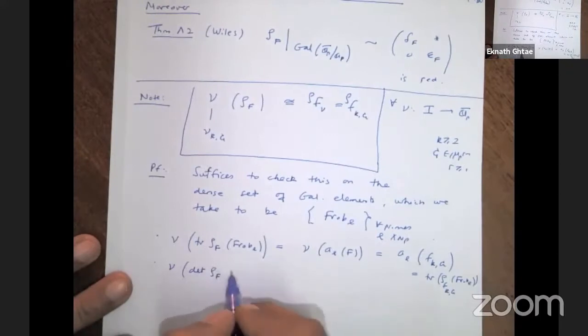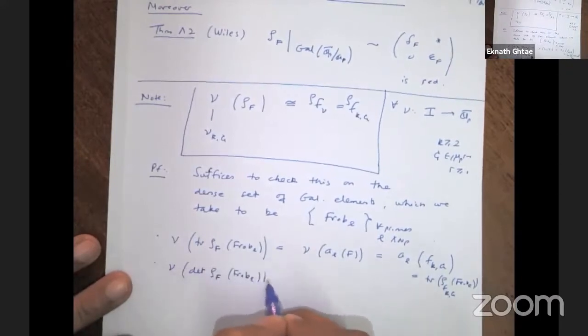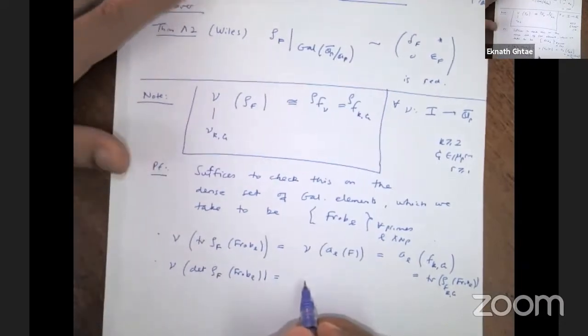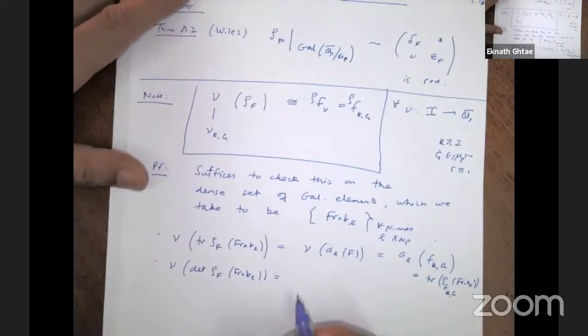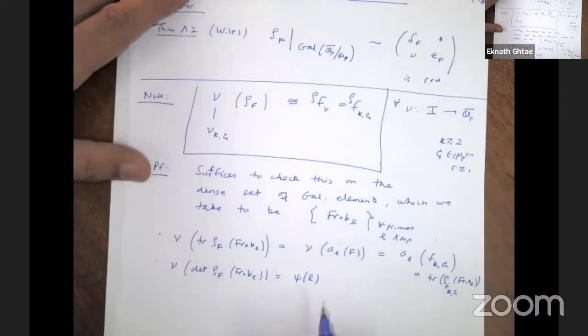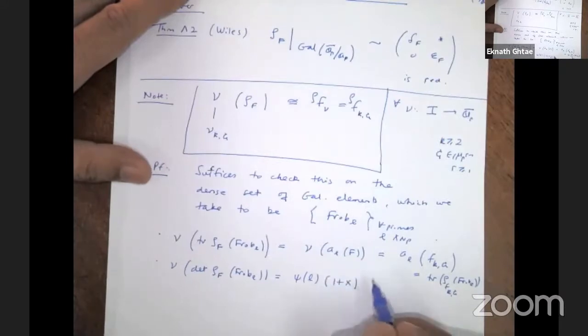If you specialize the lambda-adic determinant, well, now you'll see why I took that weird combination of the cyclotomic character and the lambda-adic cyclotomic character and the p-adic cyclotomic character. So this is psi of L times one plus x to the S of diamond of L times L inverse.